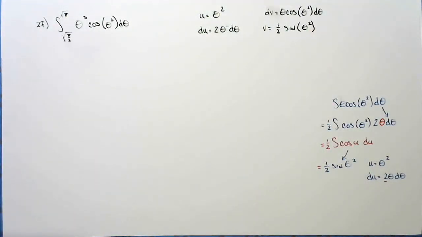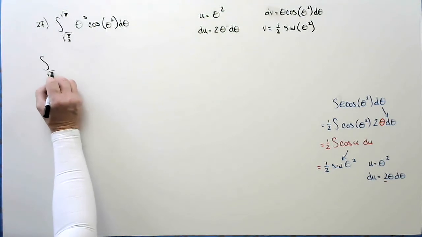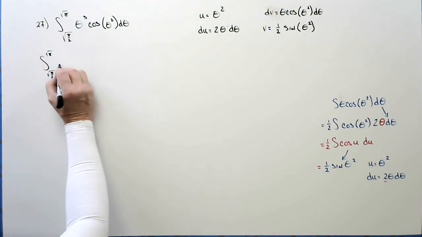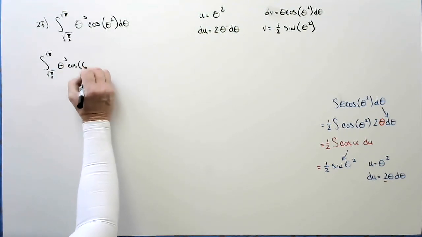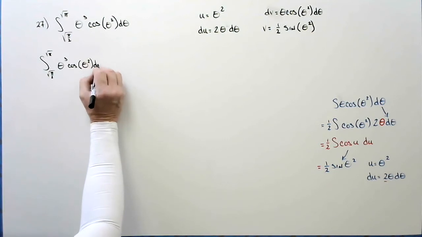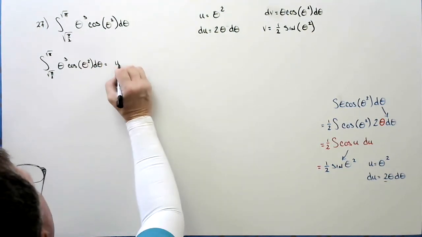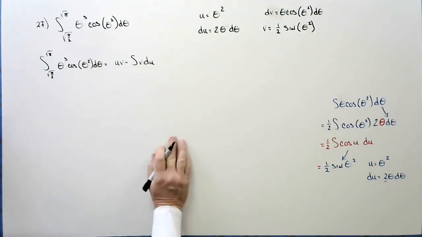And now we're ready to do our integration by parts. So this integral turns into, remember, it's going to be uv minus the integral of v du.